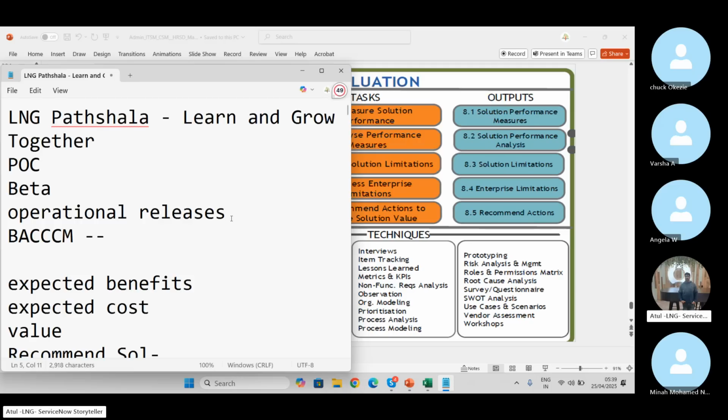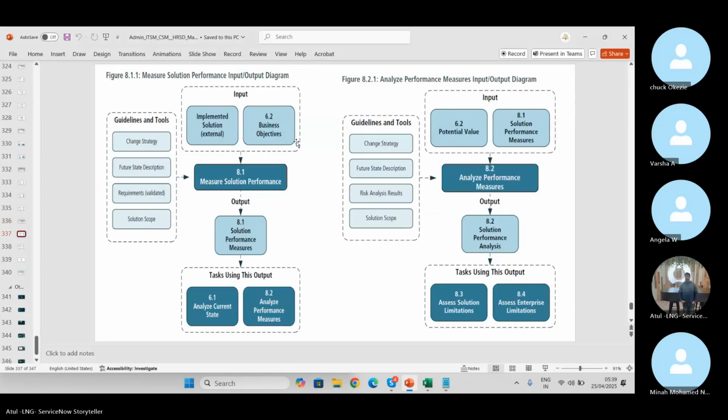Now, if I come back here to the first area, measure solution performance, we have an objective. Yes, we have implemented solutions, say externally. It can actually be externally plus internally, both are possible. But externally, why? Because we are checking the solutions part specifically, what other companies implemented.